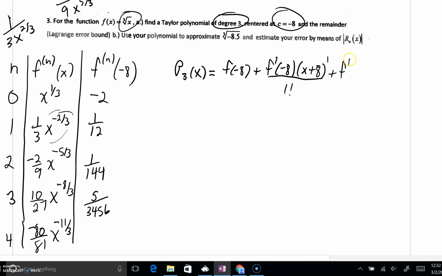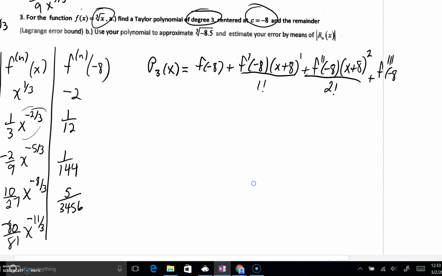We'll have our second derivative evaluated at -8. But now this is x minus -8. It's x plus 8 to the second all over 2 factorial. One more. We'll take our third derivative at -8, and we're going to multiply by x plus 8 to the third all over 3 factorial.